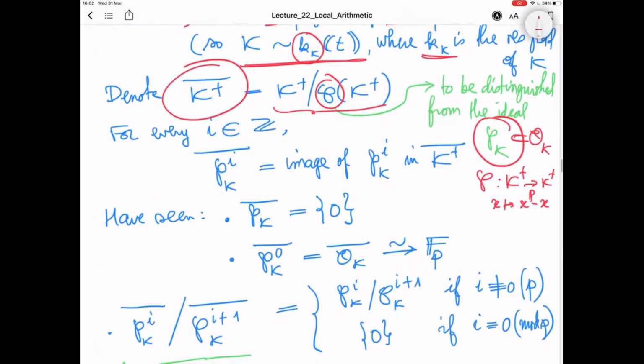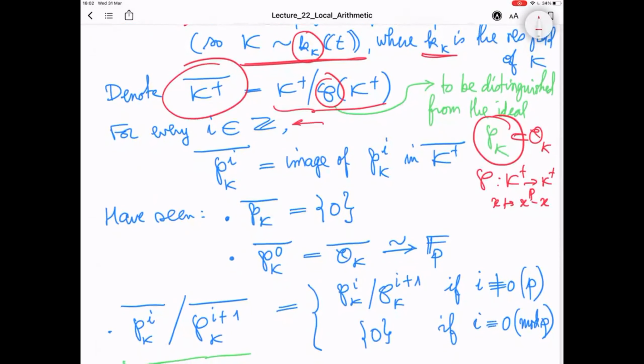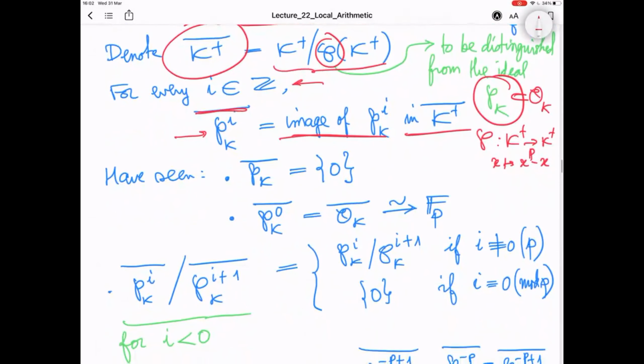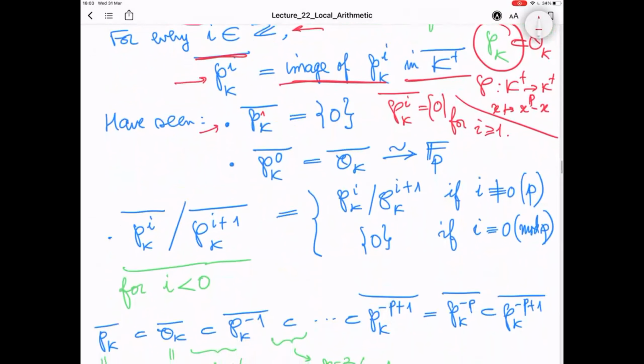What is it? For every i in Z, let's denote by P_K^i bar the image of this ideal P_K^i in K plus bar. What we had seen earlier is that P_K bar is 0. So of course P_K^i bar is 0 for i greater than 1, since the others are contained inside this one, and therefore their images are trivial as well.